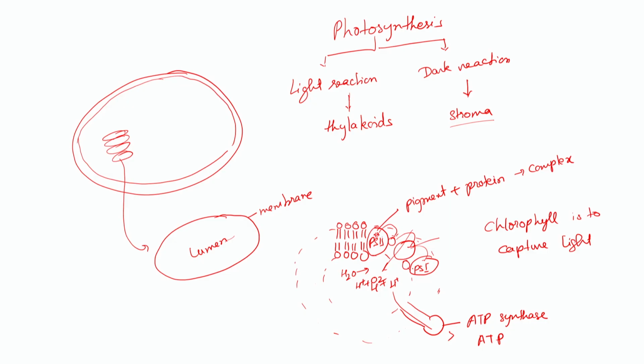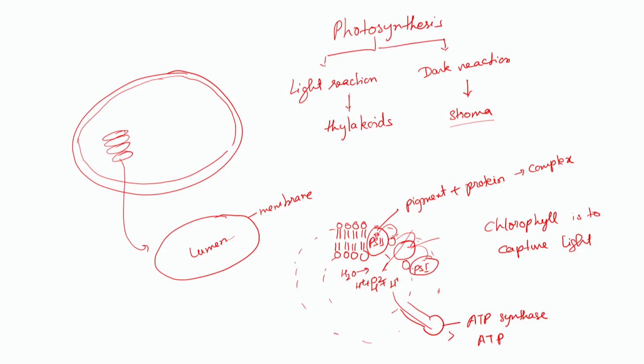So in this light reaction, these components will be arranged as such in the thylakoid membrane, and they will help in creating a chemical form of energy, that is ATP. Along with that, another molecule, that is NADPH, will also be synthesized, and these two molecules will again be used up in the dark reaction to synthesize sugars, basically a triose phosphate, a 3-carbon sugar, utilizing CO2.